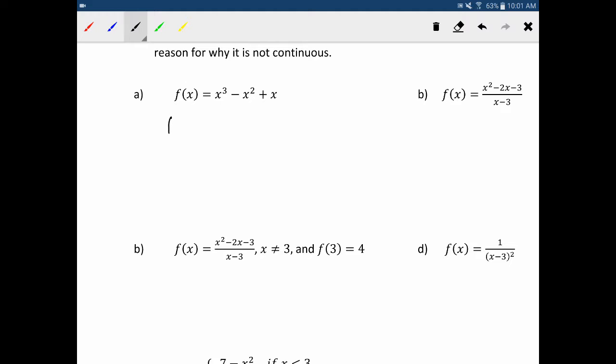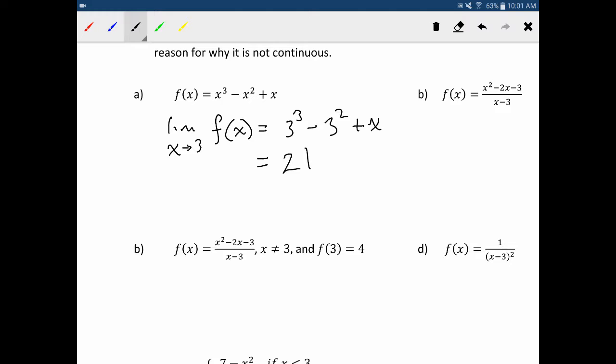The limit as x approaches 3, and we're determining if it's continuous at 3, of f of x is going to equal, and there's nothing to prevent us from just doing direct substitution here, so we can do 3 cubed minus 3 squared plus x, and that equals 21.